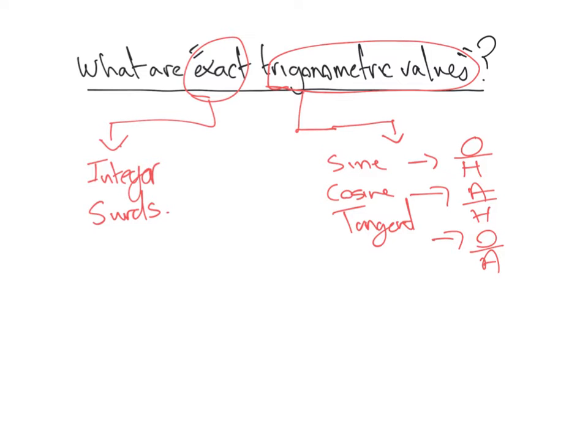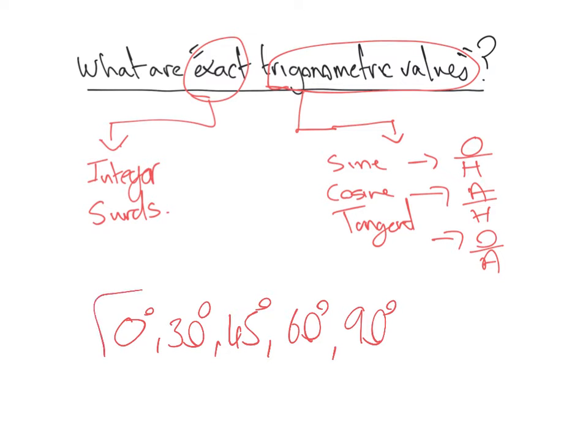And those angles are 0 degrees, 30 degrees, 45 degrees, 60 degrees, and 90 degrees. So when we speak of exact trigonometric values, we are looking at the trig values for 0, 30, 45, 60, and 90 degrees.